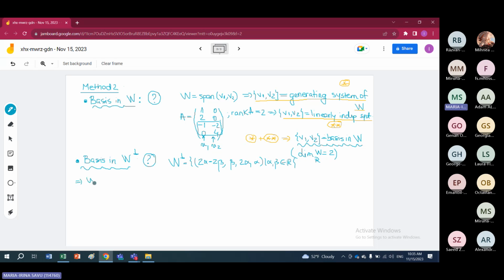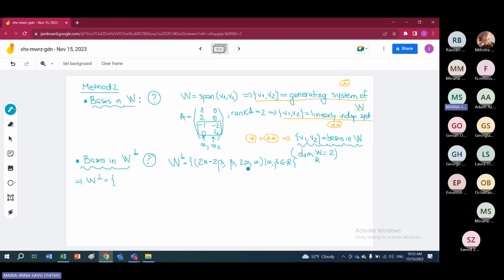So actually, W perpendicular can be written as the space of the vectors which can be put in the form of a sum. The first vector will contain only alpha, and the second one will contain only beta.